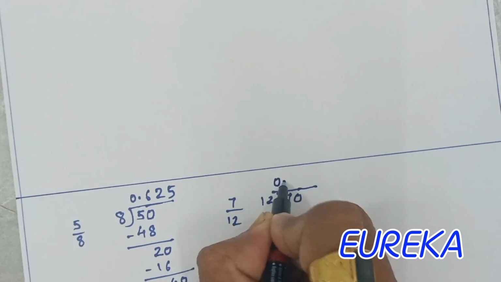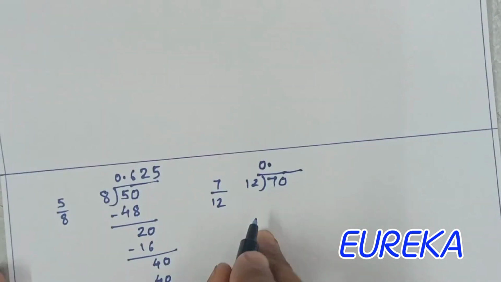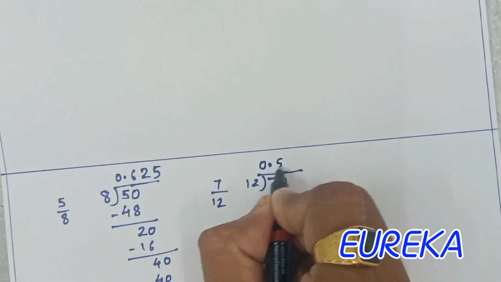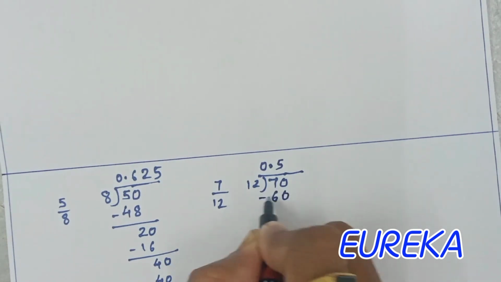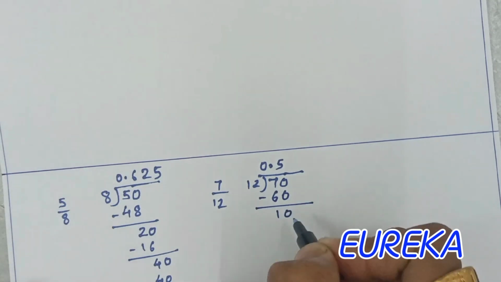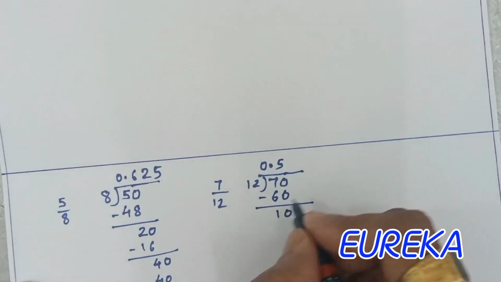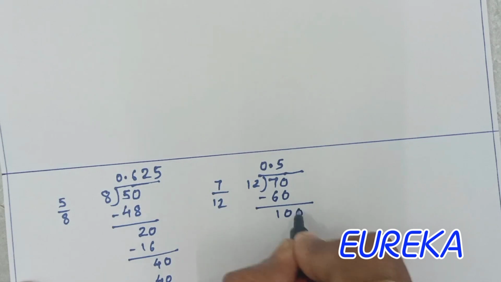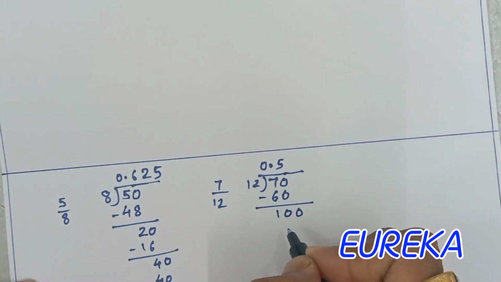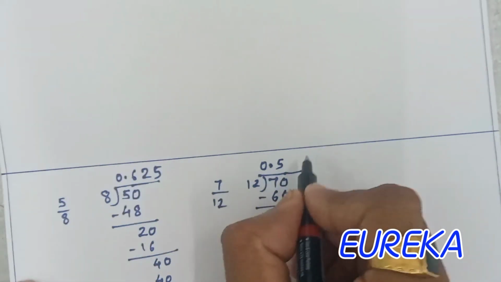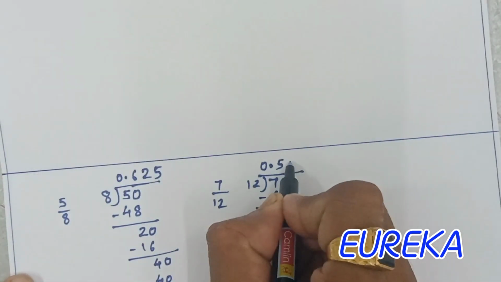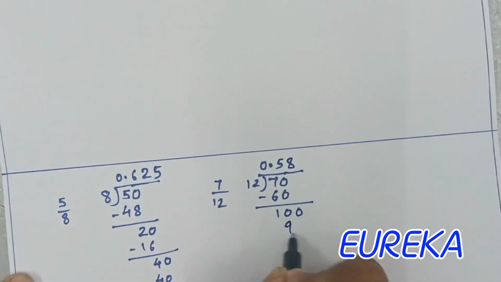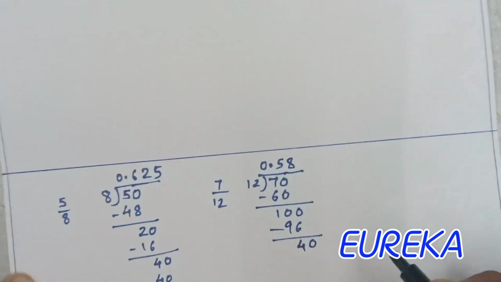So 0 point, because we have brought a 0, 12 5s are 60, because 12 6s are 72, so we will not do that. 60, subtract, 10, and again we know that 12 will not divide 10, so we'll write 0. So what we'll get here, 12 6s are 72, 12 7s are 84 and 12 8s are 96, so I'll get here 4 and 0.